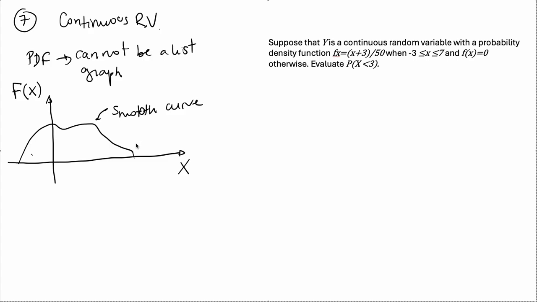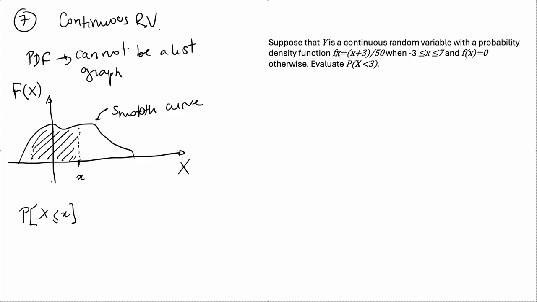What is important for us to remember is that the probability is not in the curve, but it's actually the area under the curve, right? So if we want the probability of x being less than or equal to some number, let's say little x here, what we have to do is to find the area under the curve, okay?